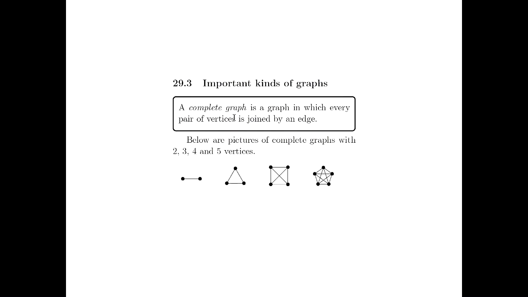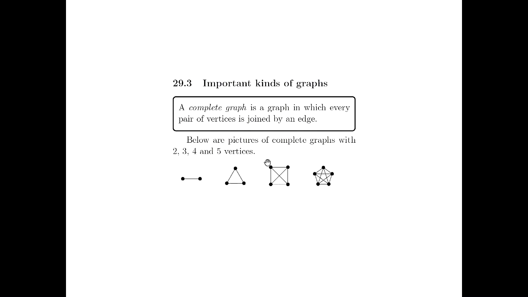A complete graph has every possible edge it could have in it. So these are complete graphs with 2, 3, 4, and 5 vertices. With 2 vertices, you've just got 2 vertices with an edge between them. For 3 vertices, you've got this triangle thing we talked about earlier. Every pair of vertices has an edge between them.